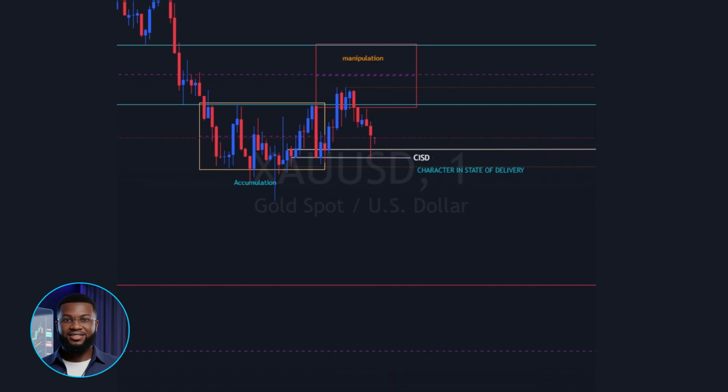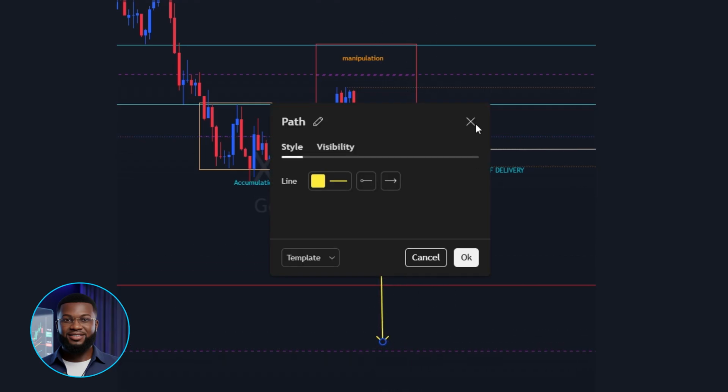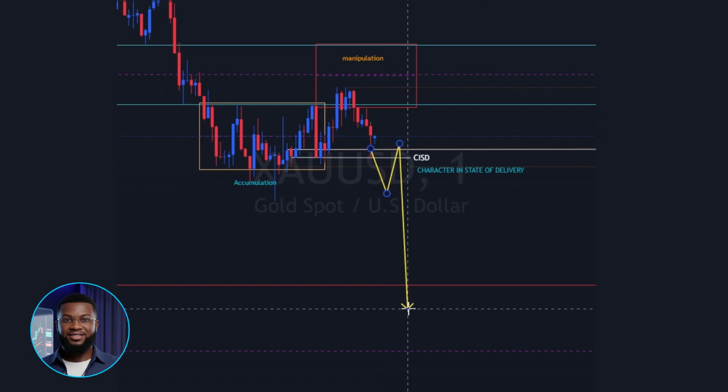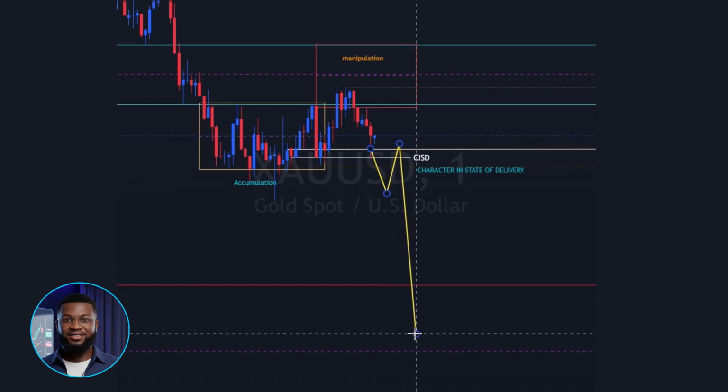Price will just move straight to this level. But most times price will have to reprice, make a retest, then it dumps.